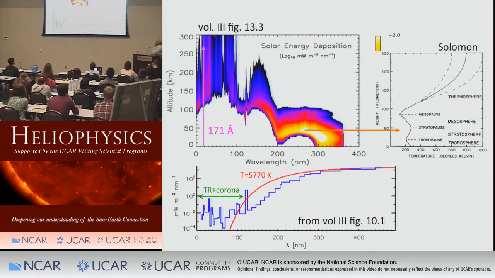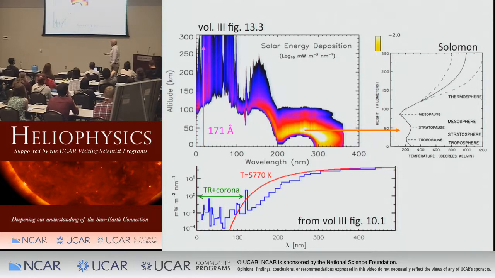And I'll give you a version of the answer, which I stole from this very nice picture in volume 3. This very nice figure. There's actually 3 figures I put in here. The first one I just introduced. We see the temperature falling, rising, falling, rising. And down here is a figure we've already seen, although I rescaled it so that it has a linear axis.